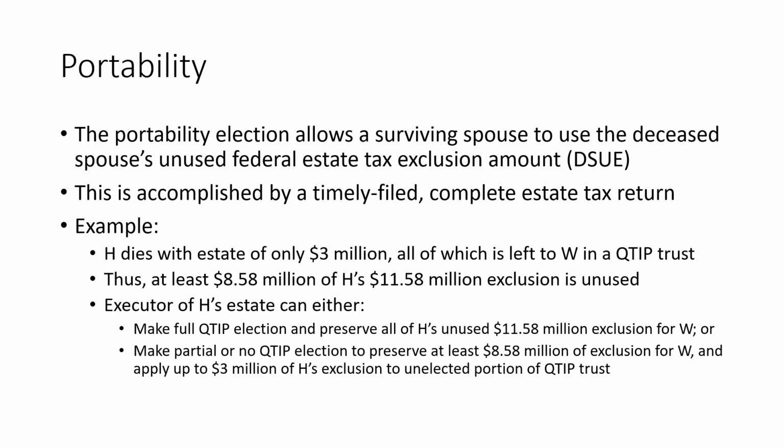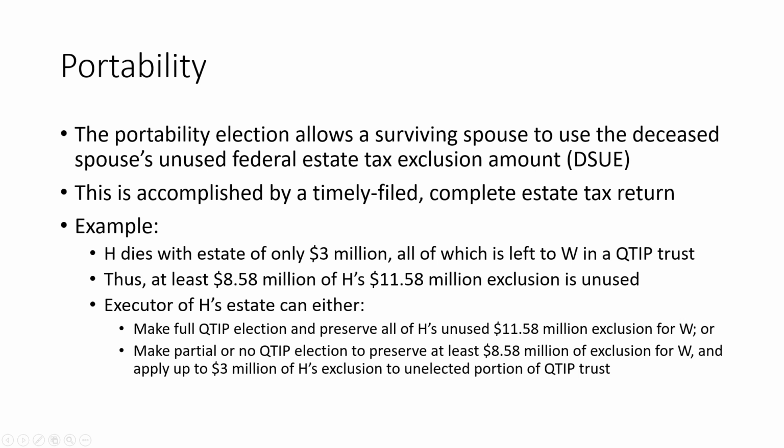exclusion is unused. So the executor of H's estate has several elections they can make, which will affect the size of the portability election. So H's executor could make a full Q-tip election, which would preserve all of H's unused 11.58 million exclusion for W, or they could make a partial or no Q-tip election to preserve at least 8.58 million of exclusion for W and apply up to 3 million of H's exclusion to the unelected portion of the Q-tip trust.